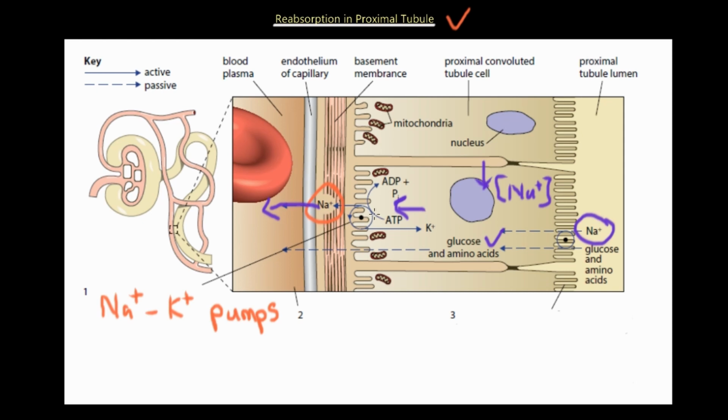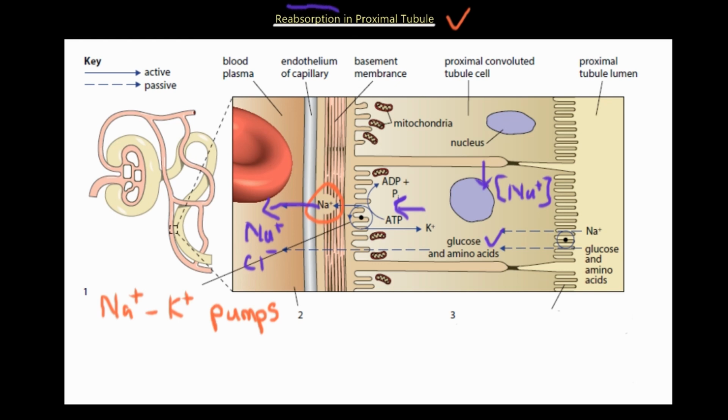Now, of course, this part is going to be happening more passively, whereas this one requires ATP to do our transport. And of course, the blood vessel will be traveling at a decent speed to remove the sodium and the chlorine inorganic ions out of the filtrate, because this is something that we do not need to be excreting, right? Glucose and amino acids are going to be useful for the body, so they're going to stay in the body.